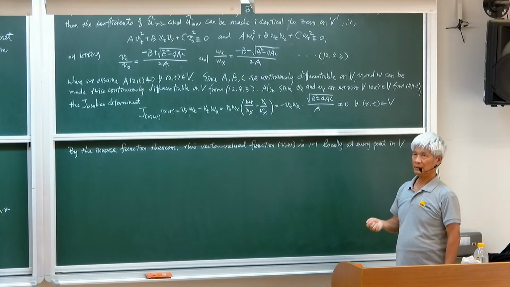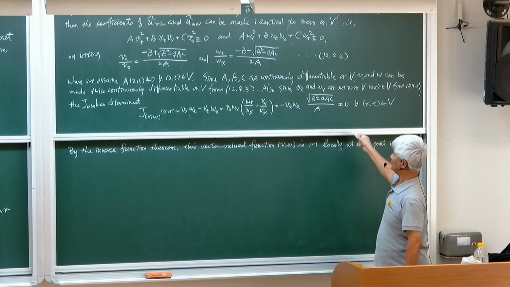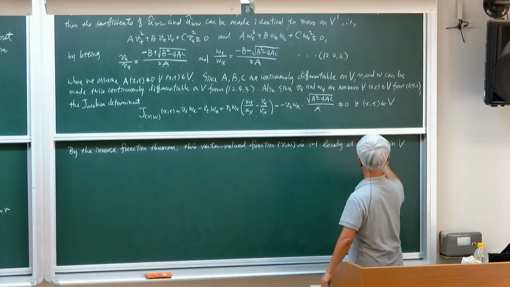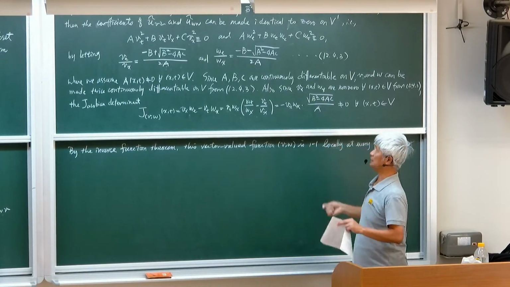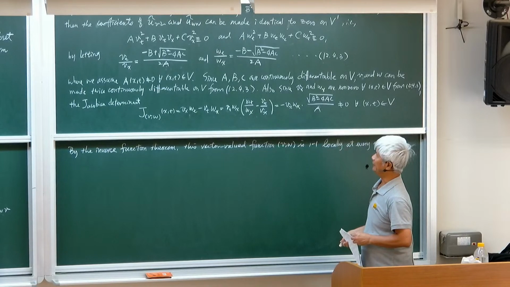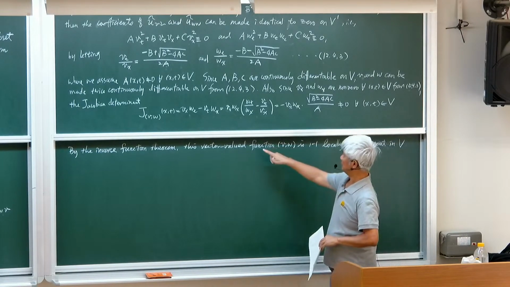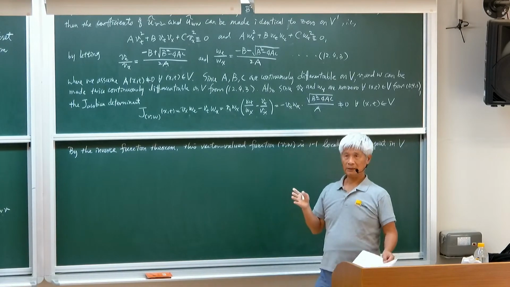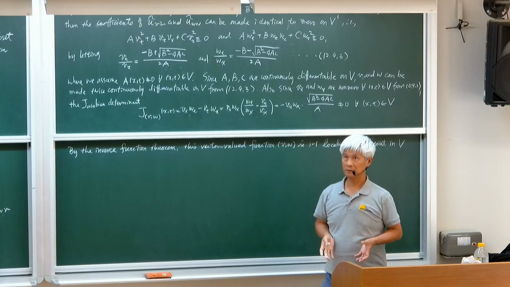So we can find a neighborhood for every point in V such that the vector-valued function is 1-to-1.